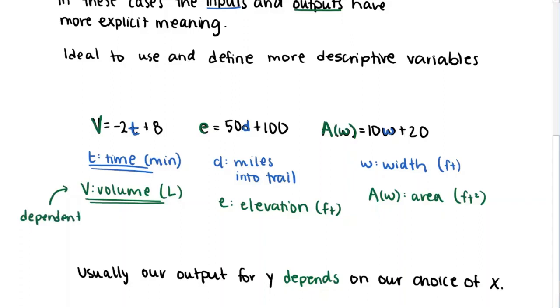When we're building our equations, we want to keep the same structure as y is equal to mx plus b, and our output variable is going to be called the dependent variable, whereas our input variable is going to be called our independent variable.